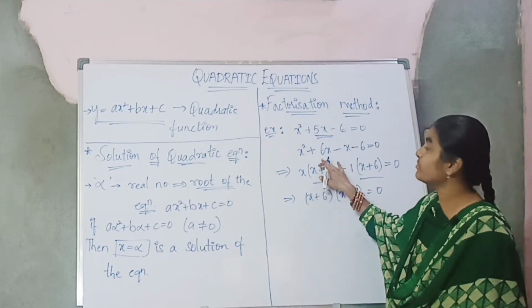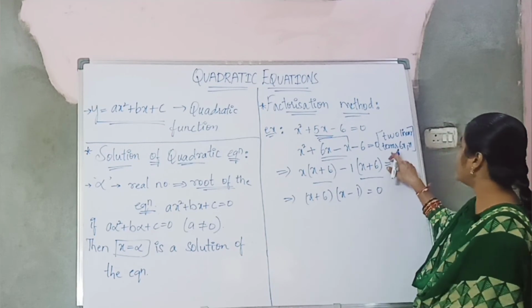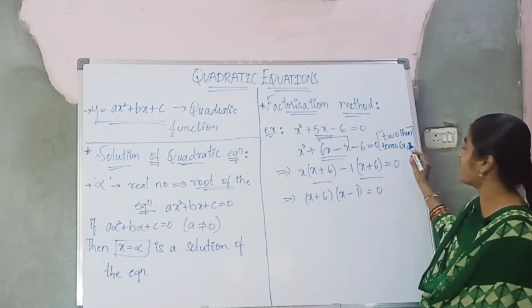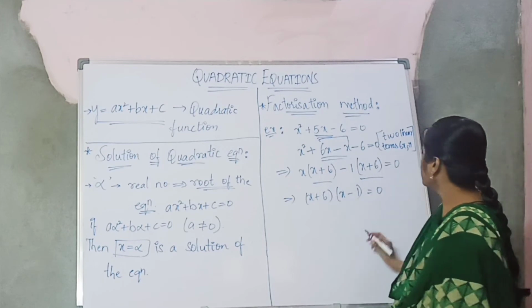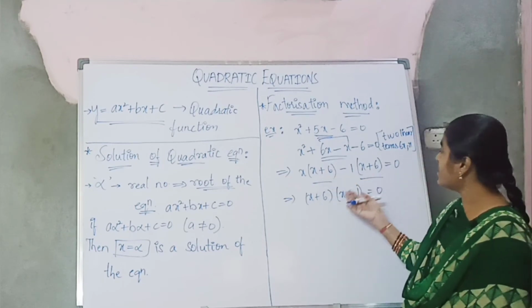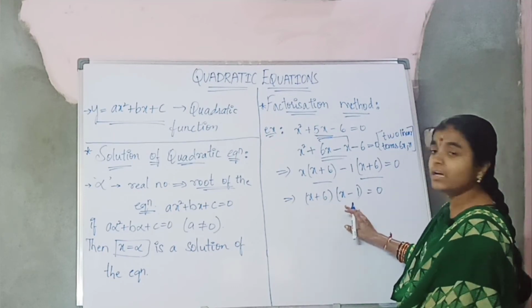So in the factorization method, we are taking two linear terms. What are the linear terms here? 6x and minus x. After that we are taking common. Now we have to equate each of these two linear factors to 0.